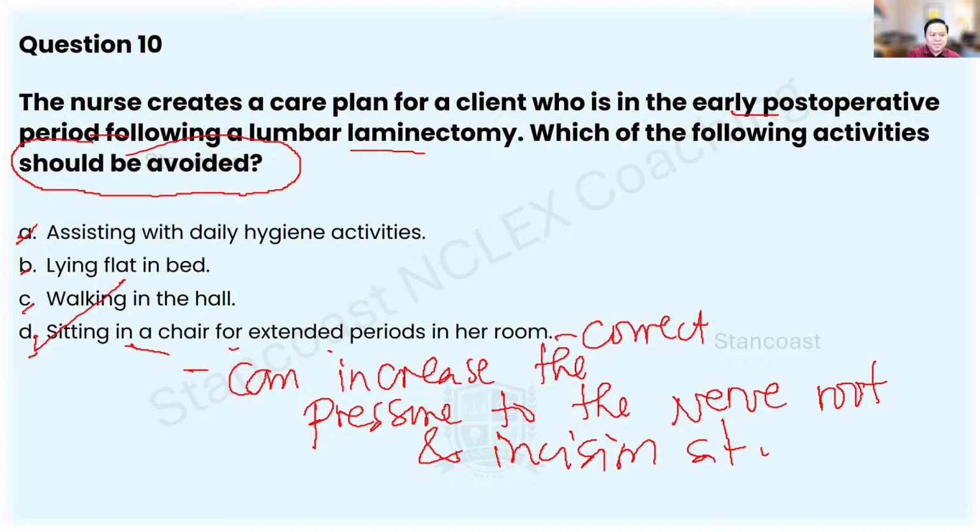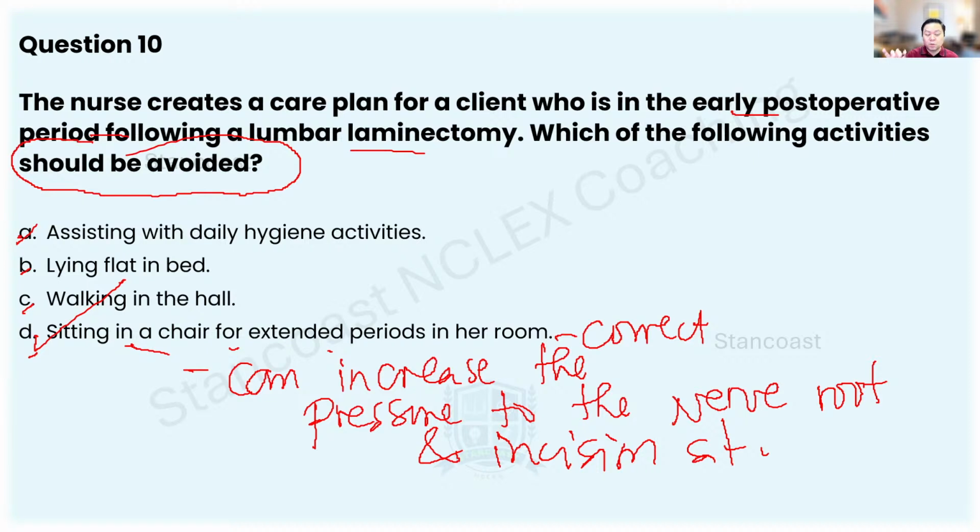Letter A, assisting with daily hygiene activities. Of course, that's part of the recovery, right? They should be able to be helped. We need to assist them with their daily hygiene because during the initial post-op period, the patient will definitely require some help in order to get them back into their normal functioning.